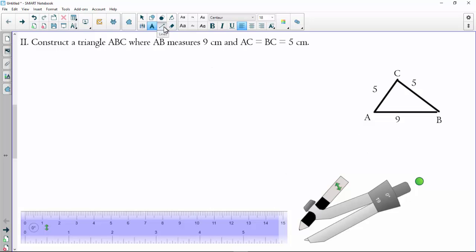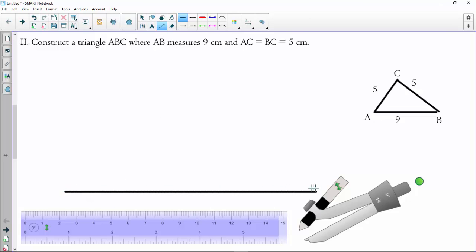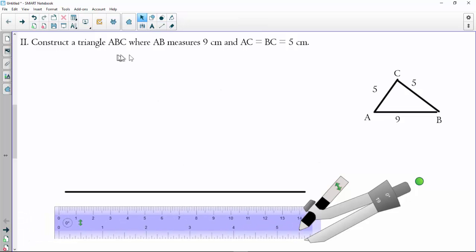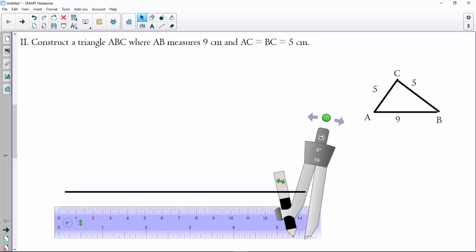So as usual, let's draw our baseline. We draw it longer than needed. And we want the baseline to be 9 centimeters long.